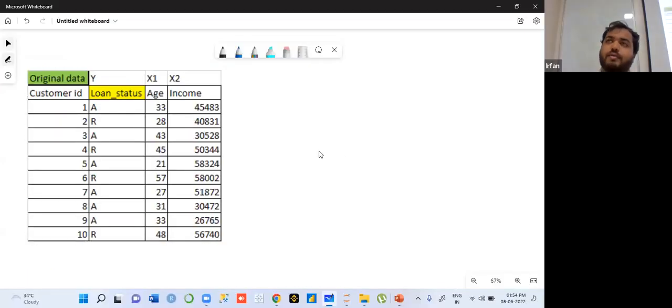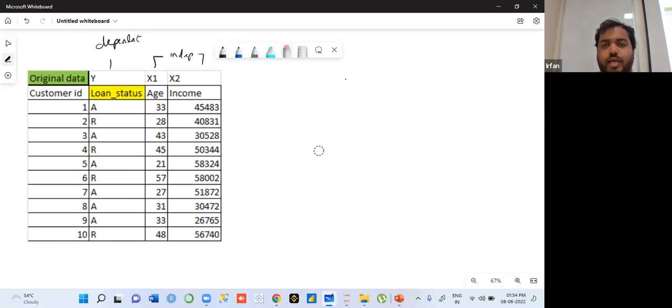Data clear, guys? I've just taken original data. For how many customers do we have data? 10 customers. Loan status is Y. Y means dependent. X means, so how many independent are there? So let's say I selected Vallabh.